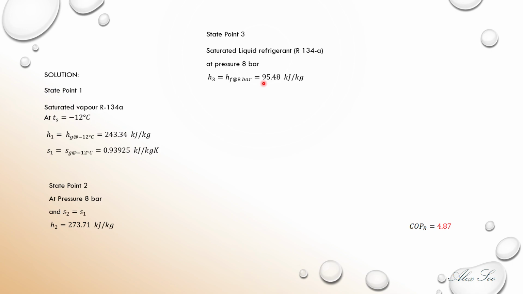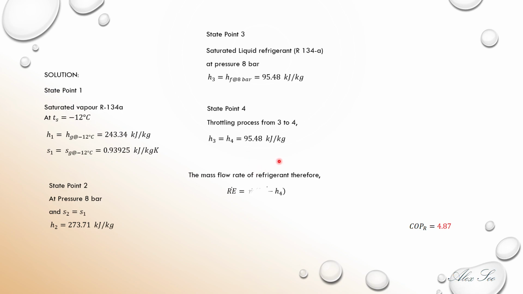And from state point 3 to 4, it undergoes a throttling process through an expansion valve, so h3 should equal h4. Now you have found h1, h2, h3, and h4. Then to find the mass flow rate of refrigerant, we know that the refrigerating effect RE equals m dot times (h1 minus h4), where m dot is the mass flow rate of the refrigerant, based on the evaporator.